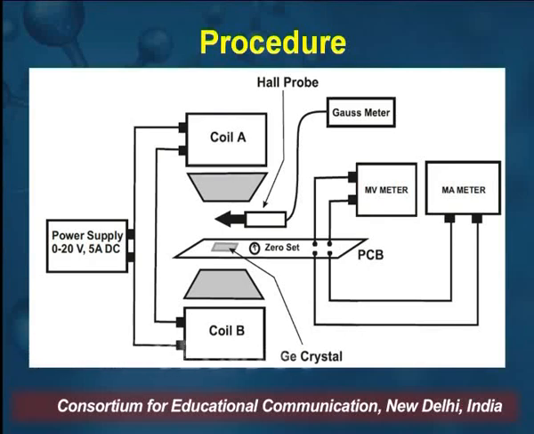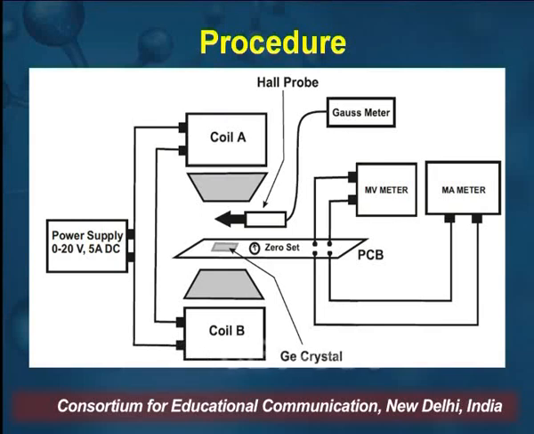The Hall probe is introduced between coil A and coil B to measure the magnetic field, and below the Hall probe there is a PCB board which holds the semiconductor specimen, where we are using the germanium crystal, and this germanium crystal is connected with the terminals.